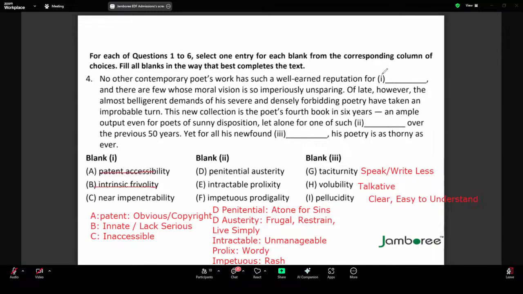He's not frivolous, so this one has imperiously unsparing, which means here, from the information that I have, imperious is somebody who's very arrogant, and unsparing, somebody who's extremely merciless. So this one makes more sense than the negative one.